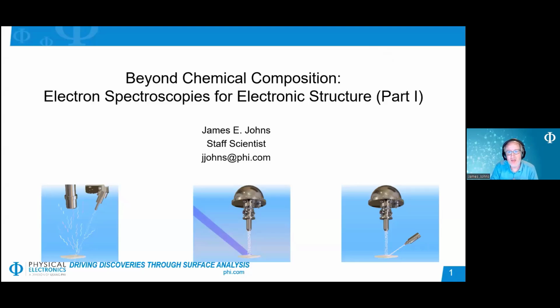And part of the reason why I'm excited to be giving this webinar is that I think everyone is familiar with the tools of surface science for analytical spectroscopy, and in particular, answering the big questions of what is at my surface and what is its chemical composition. These are questions that we have thought about, debated, and concerned ourselves with in surface science for a very long time.